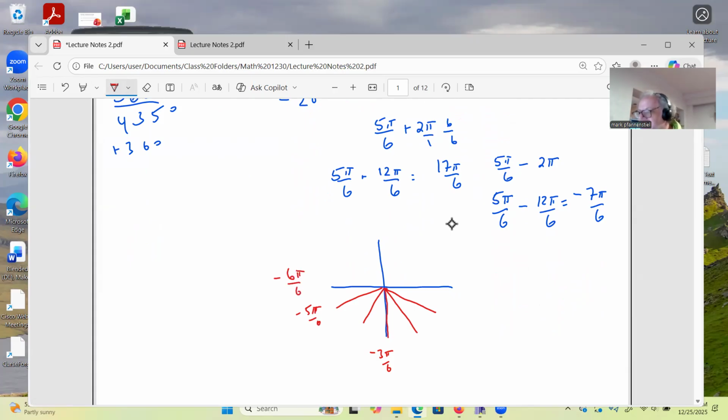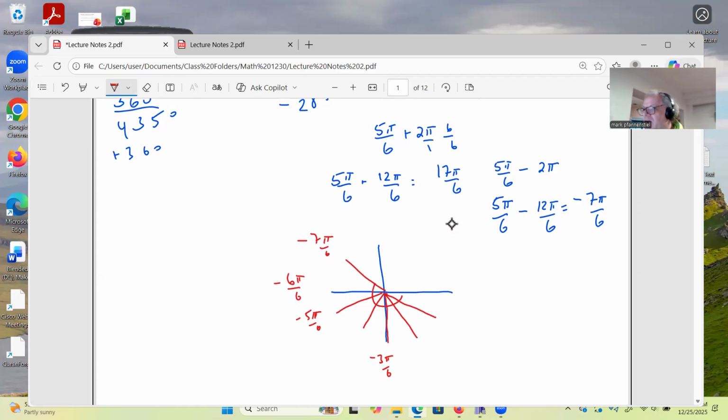It sure is. One way is going around in one direction, the other way is going around the other direction. But we still end up in this spot opposite from the x-axis. And then finally, we end up with negative 7 pi over 6, and that would be our angle.